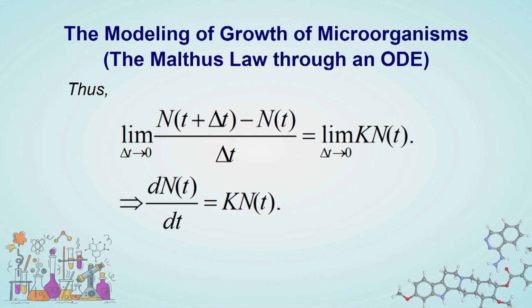This is defined by Malthus. This is the growth rate of bacteria defined by an ordinary differential equation: d by dt of N(t), the density change with respect to time t.